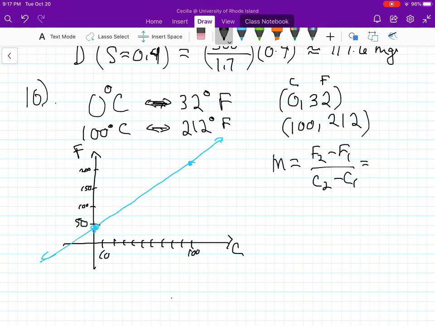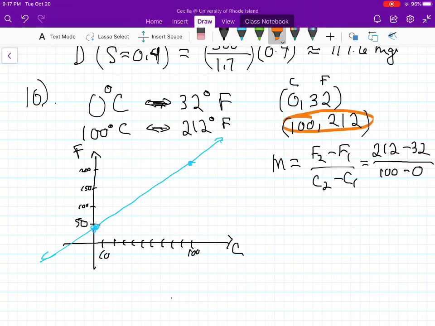And so for this, taking care not to mix them up, we're going to put in 212 minus 32, and then we'll start with the lower one. Let me get that right. And we'll go with 100 minus c1, which is 0.